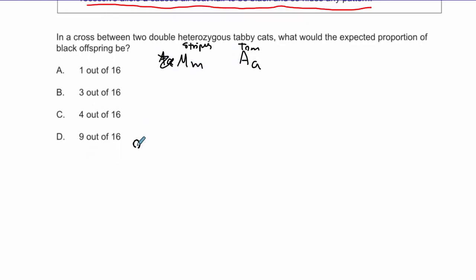So for example, let's say you make all the possible male phenotypes. That would be any combination, and then the cats are heterozygous, so it would be MA, MA, MA, and MA, like this, and then the same for the egg.